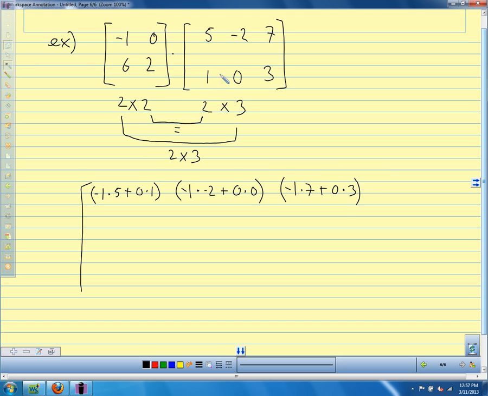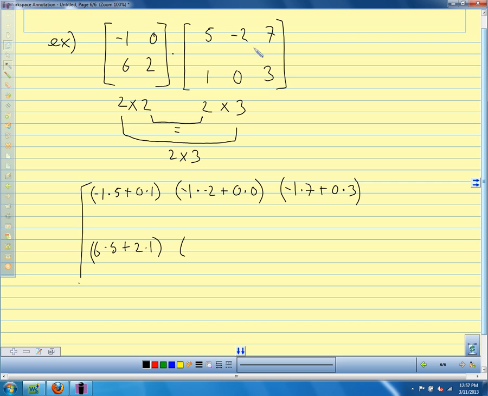So first row, first column, I multiplied the first row of the first matrix by the first column of the second matrix. First row, second column, first row times the second column. First row, third column, first row times the third column. Now for my second row. Second row times the first column: 6 times 5 plus 2 times 1.